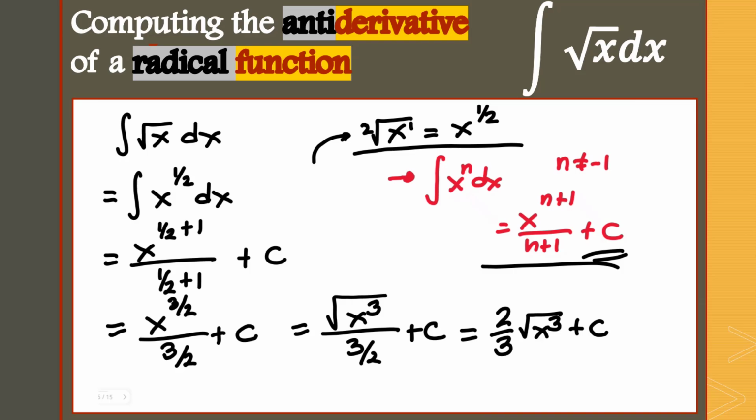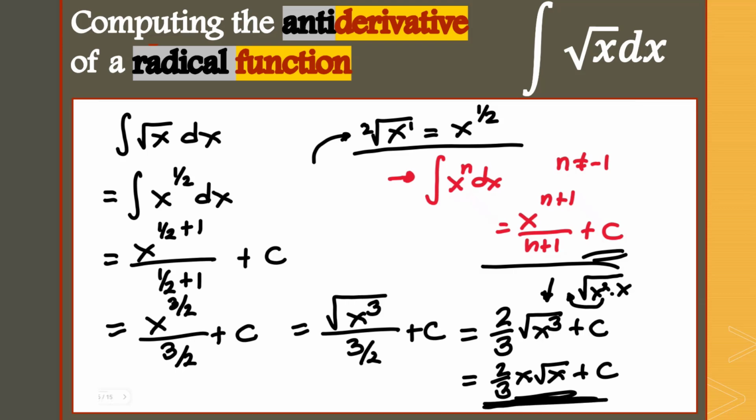But since we have a possibility of simplifying the radicand, because our index is just 2 and the exponent of our radicand exceeds 2, this is equivalent to 2/3 x square root of x plus c, as we have square root of x squared times x, and that can be simplified as x square root of x, plus c.